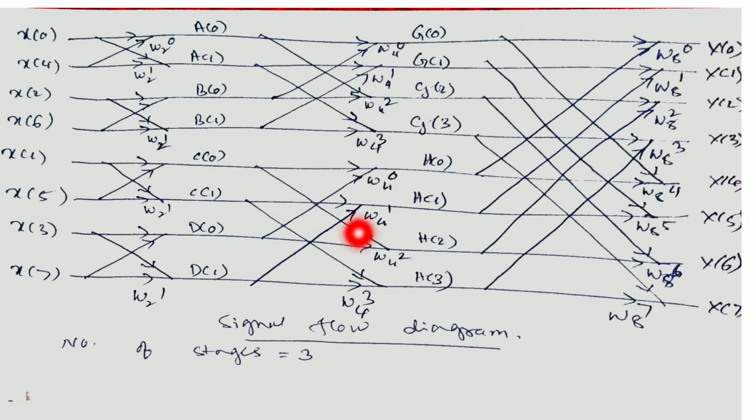This is the third one, and this is the fourth one. So we have 4 butterflies in the second stage. Similarly, in the third stage also we have 4 butterflies. Butterflies are nothing but the basic building blocks of the signal flow diagram. So we find that there are 3 stages, and in each stage there are 4 butterflies.